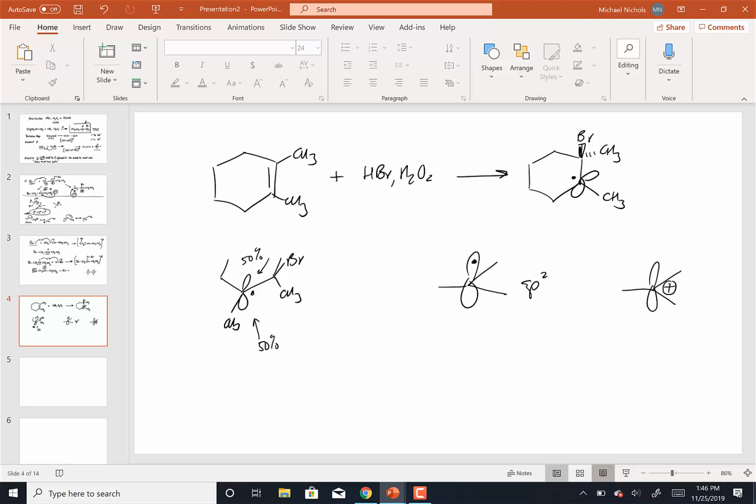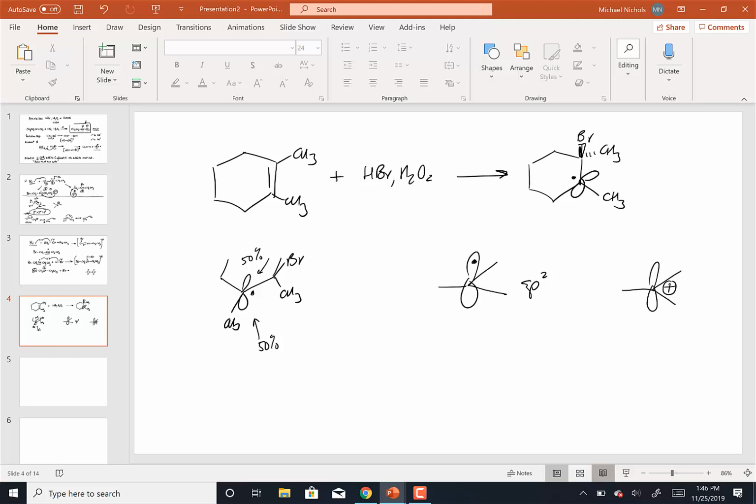There's going to be no preference either way. You might say, what about the bromine and the methyl group? They didn't affect the carbocation. They're not going to affect the radical.